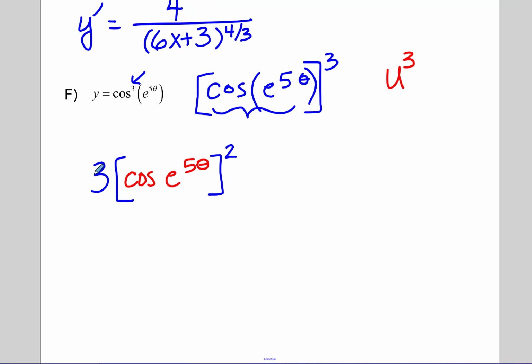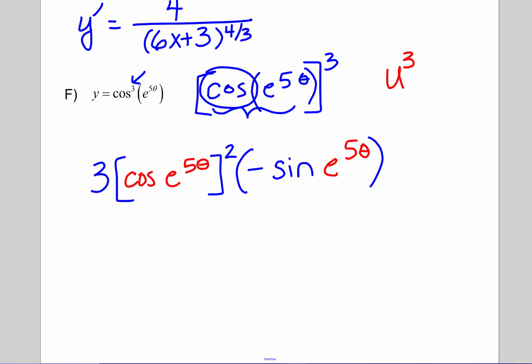The derivative of u cubed is 3u squared. Then next we're going to go look at the cosine part. So this portion, what's the derivative of cosine? That would be negative sine, and we're holding the e to the 5 theta steady. You see what I'm doing? Derivative of cosine is negative sine.